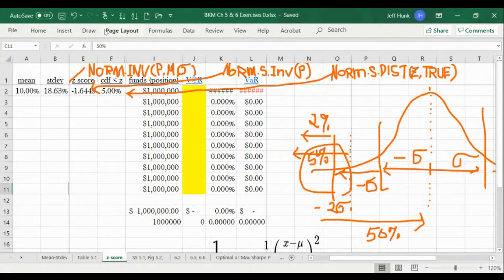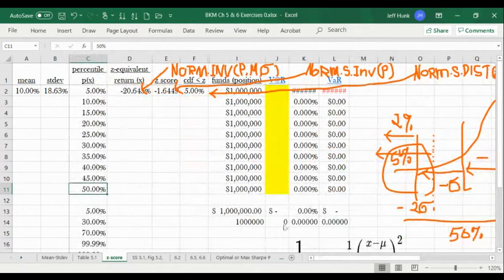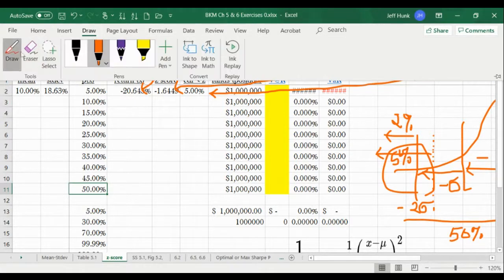So at that point, our return should be 10%. Makes sense? We can already take a guess, and that guess is quite an educated, logical guess, right? But let's see if it is true.